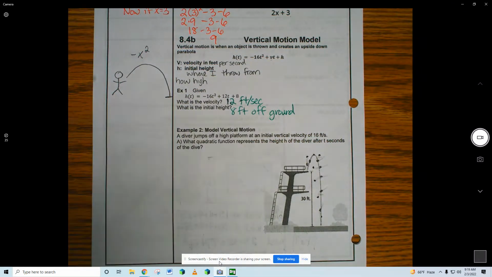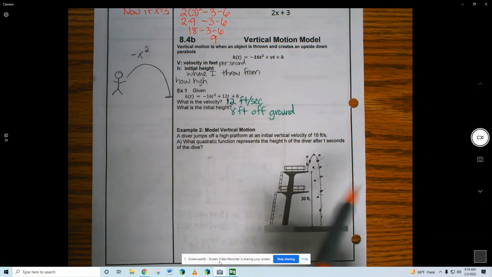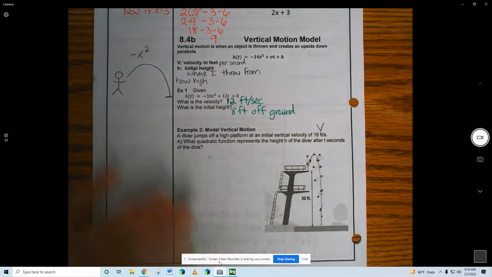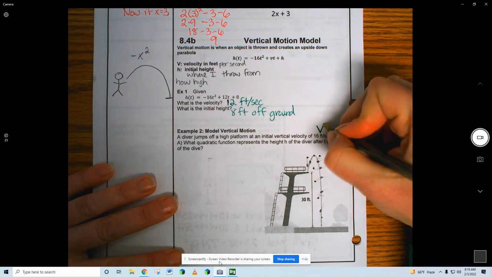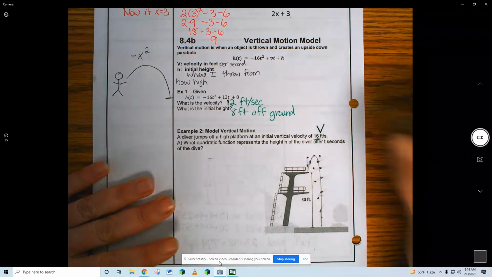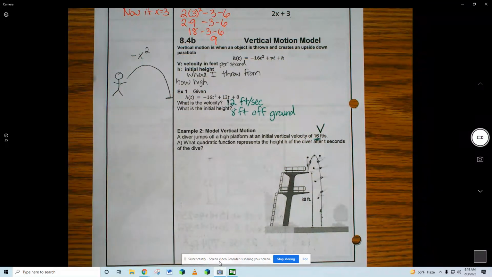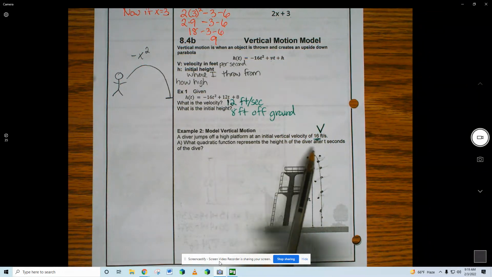So, a diver jumps off a high platform at an initial vertical velocity. There's my V. Velocity, 12 feet per second. I'm sorry, 16 feet per second. So underline 16. What quadratic function represents the height of the diver after t seconds?